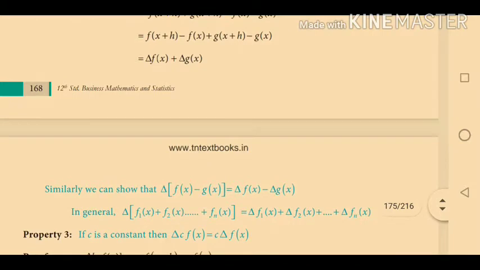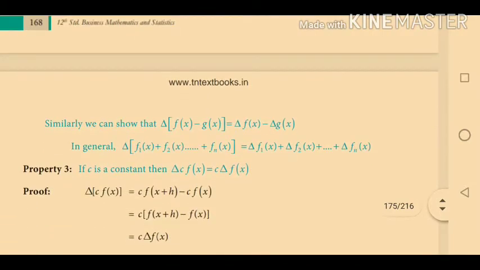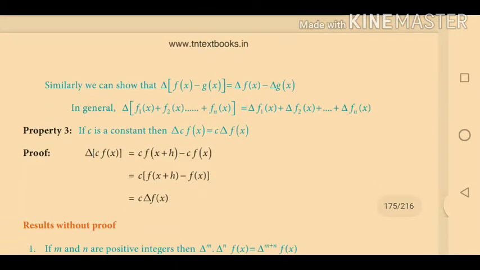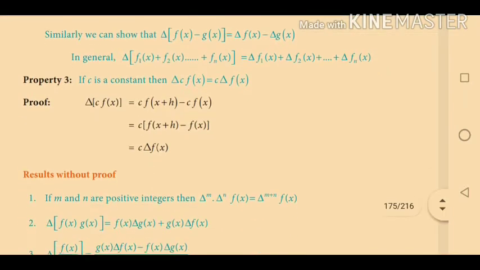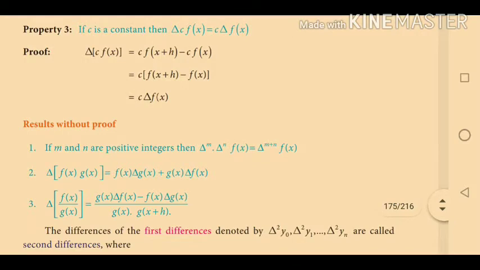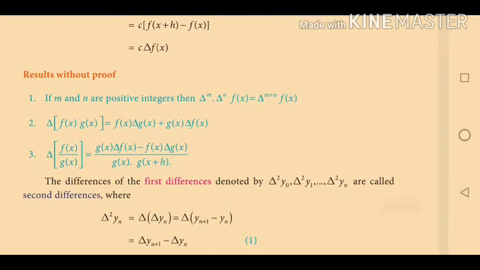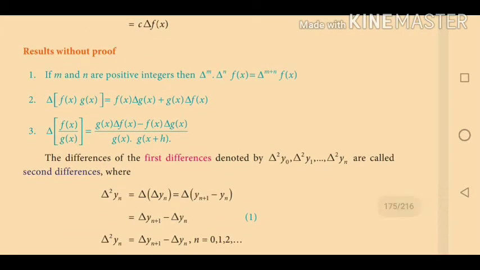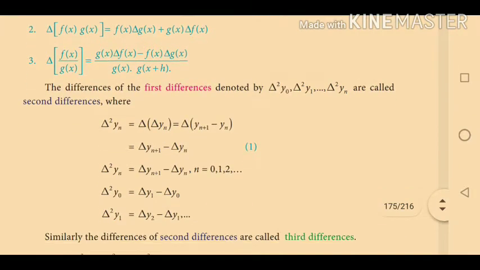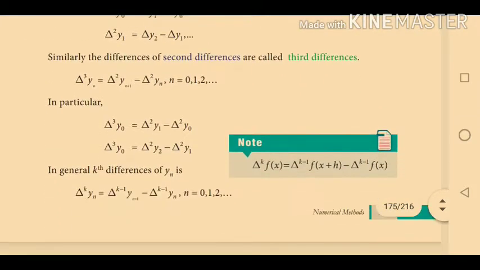The next one: c is a constant, then delta of c f of x equal to c into delta f of x. We may take the constant c outside. These formulas are given without proof, and we use them in order to solve the sums.